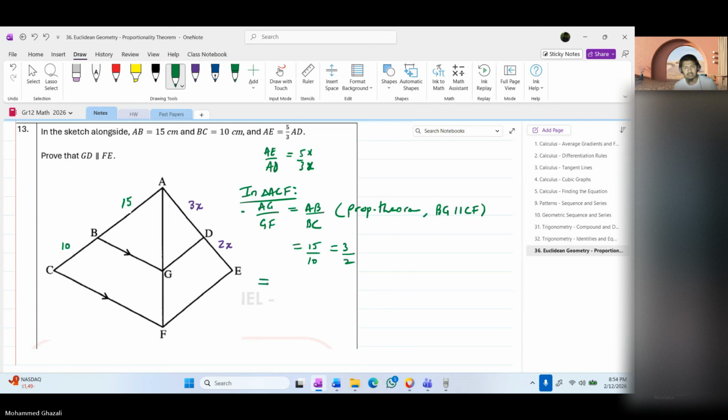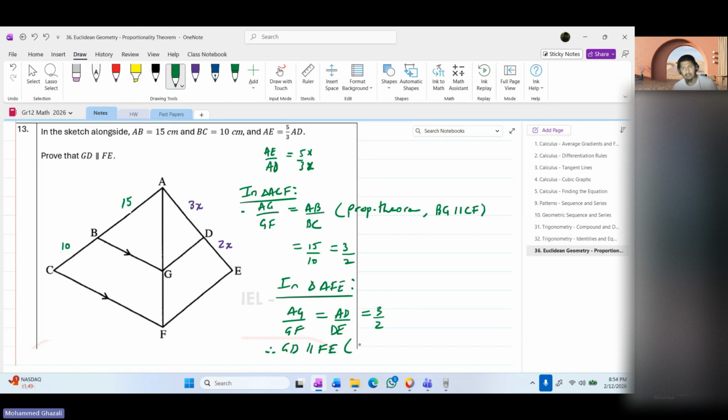In triangle AFE, we know that AG over GF is equal to AD over DE. And both of them are 3 over 2. Therefore, GD is parallel to FE.